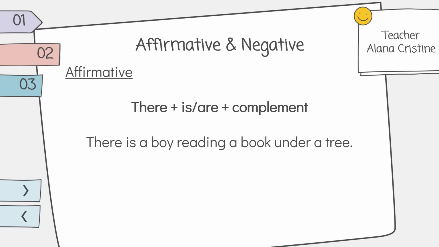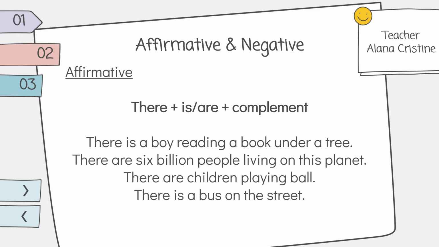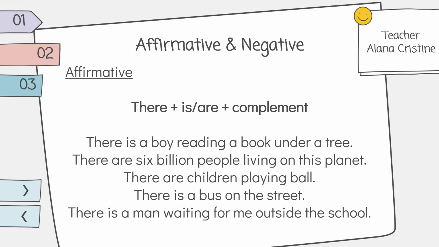For example, there is a boy reading a book under a tree. There are 6 billion people living on this planet. There are children playing ball. There is a bus on the street. There is a man waiting for me outside the school.